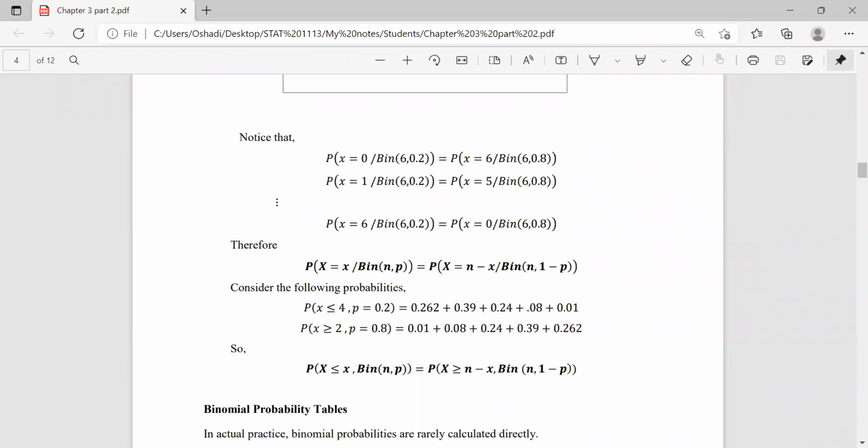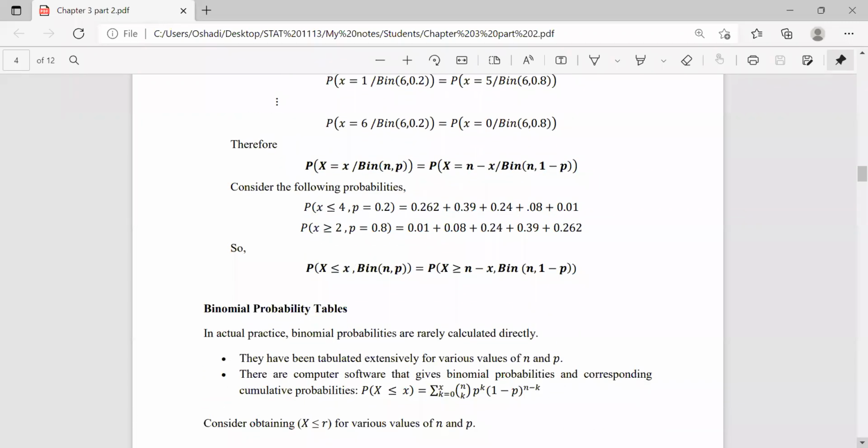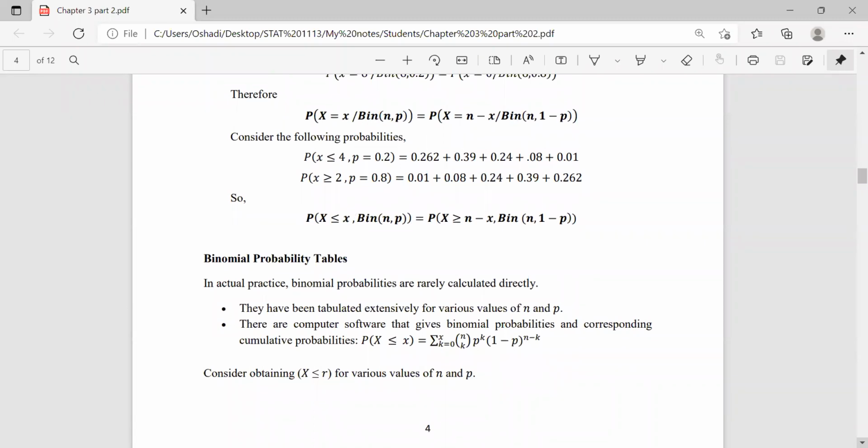And since it is somewhat difficult to calculate the binomial probabilities directly using the equation, there are computer software packages that give the binomial probabilities corresponding to the cumulative probabilities. Cumulative probabilities means you are given the probabilities where the number of successes is less than or equal to some given number.